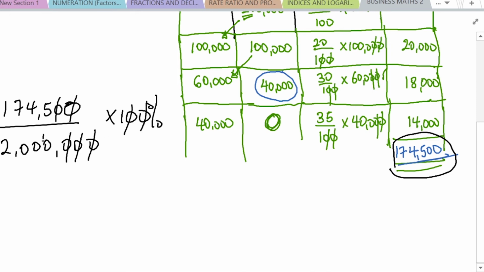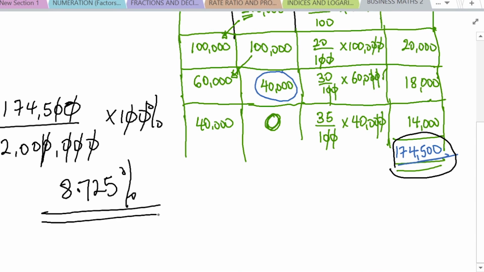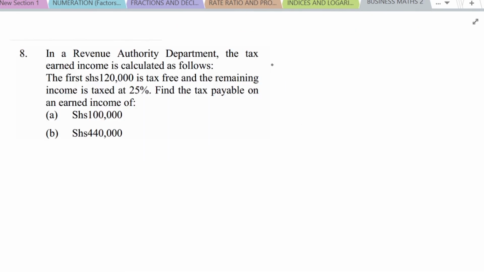This goes with that. This goes with that. And then the rest is calculator work. So we shall end up with 8.725%. So that is the percentage of the tax she pays on her gross monthly income. And that's it.